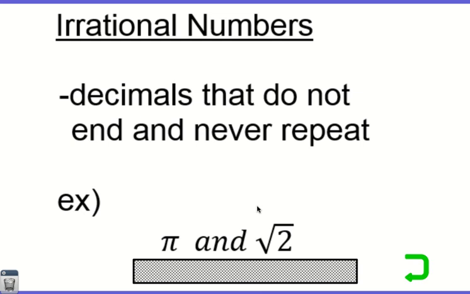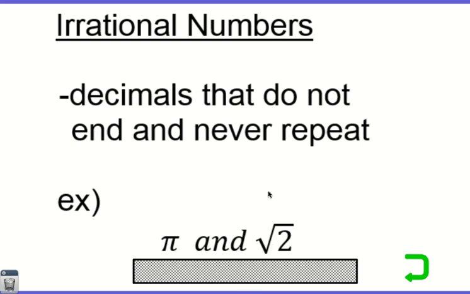The square root of 4 is just 2, so it's rational. How about the square root of 25? That's just 5. So there's a lot of square roots, actually an infinite number, that are irrational. Most square roots are irrational.